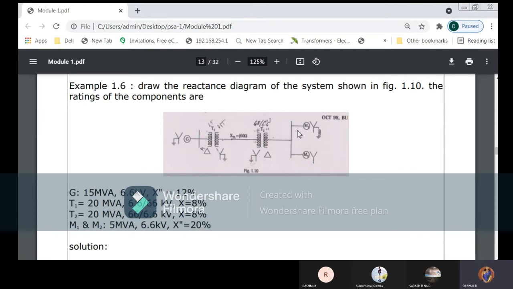There is no restriction that you have to take only the first part. You can take transformer 1, transformer 2 or motor values also. But to avoid confusion, we always start with the first section. So the generator. What is the value of the generator? 15 MVA. We will consider it as the new MVA value.